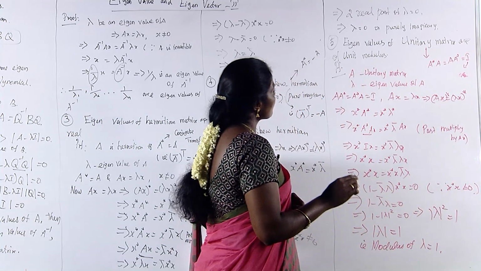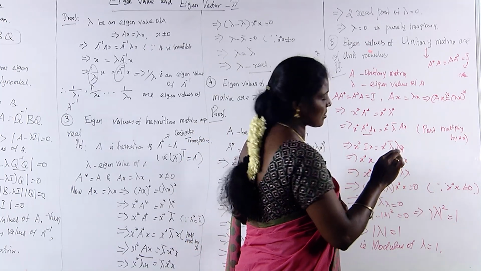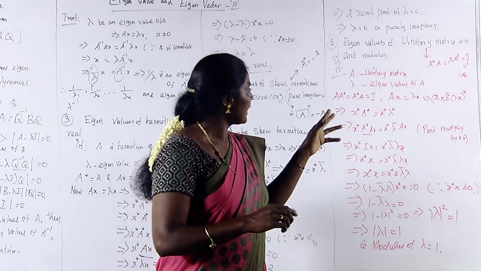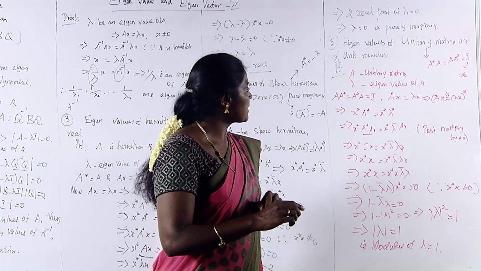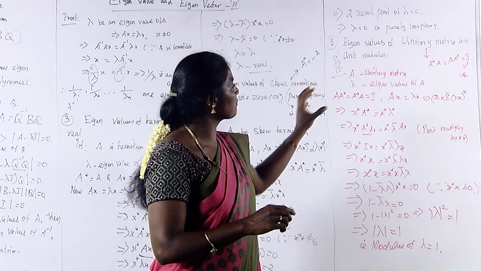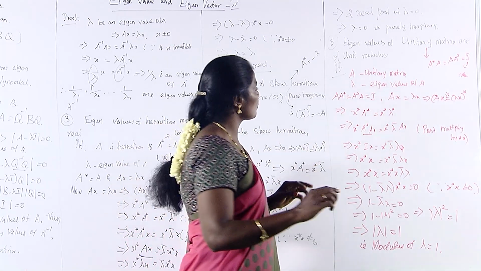Now, we are going to show that the eigenvalues of a unitary matrix have unit modulus. That means, whenever lambda is an eigenvalue of a unitary matrix, the modulus of lambda equal to 1. Unit modulus means modulus of lambda equal to 1.